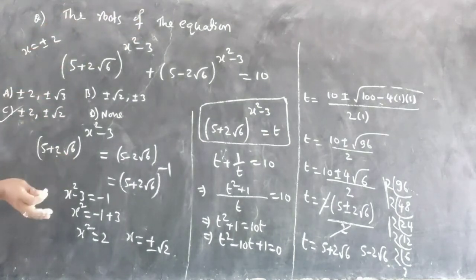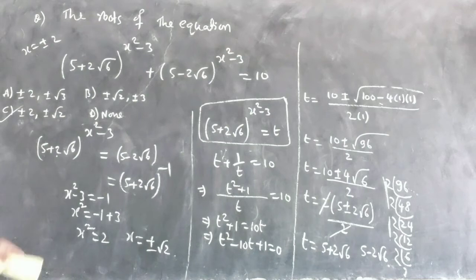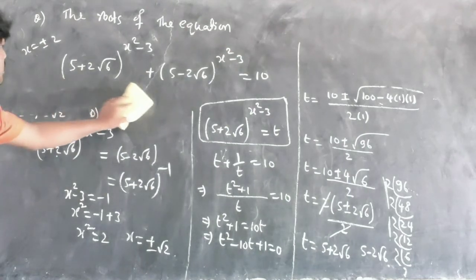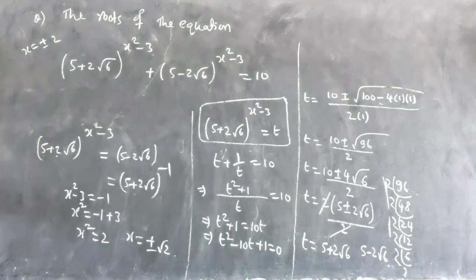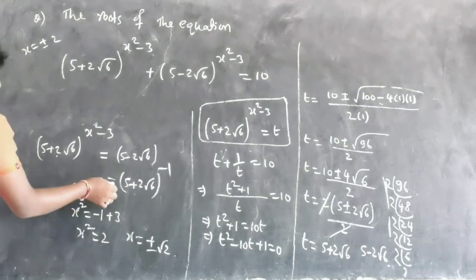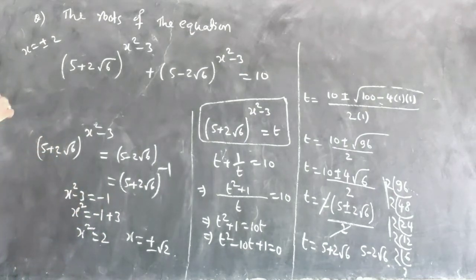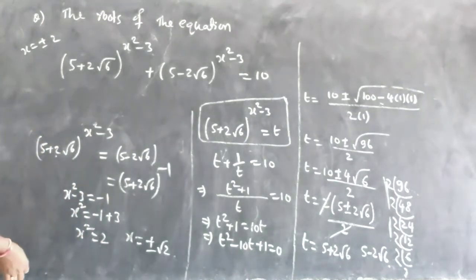But sometimes the question is asked in another way, that find the sum of x, and they do not give a numerical value, they ask, for example, the sum of the rational numbers. So you got plus 2, minus 2. Sum of the values. So what do you get here?